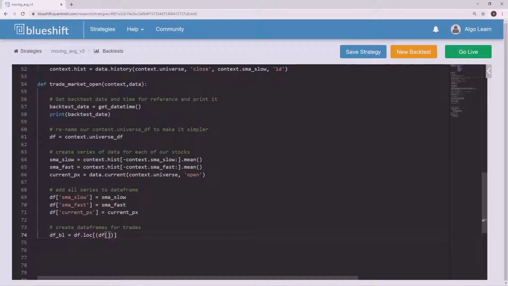And so the first thing that we're going to look at is if the SMA _fast, so the fast line, is greater than, so if it basically is above the SMA slow line, then that's it, right? I want to make sure.